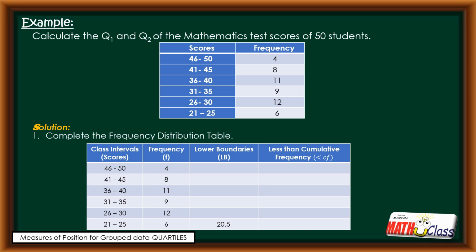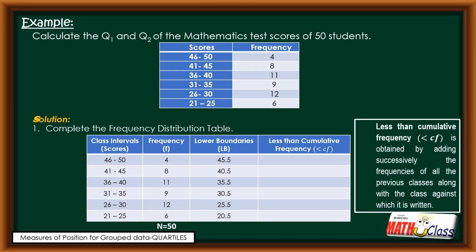Next, 26 minus 0.5 is equal to 25.5. 31 minus 0.5 is equal to 30.5. 36 minus 0.5 is equal to 35.5. 41 minus 0.5 is equal to 40.5. And the last one is 46 minus 0.5, which is equal to 45.5. And there you have it, the values of the lower class boundaries.